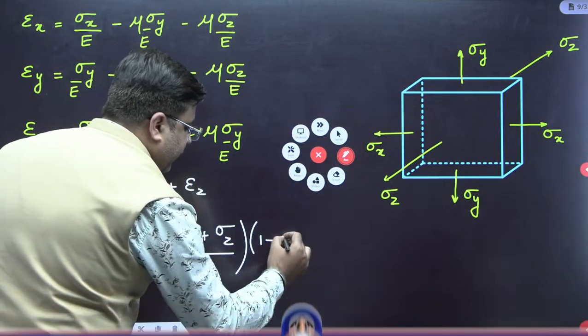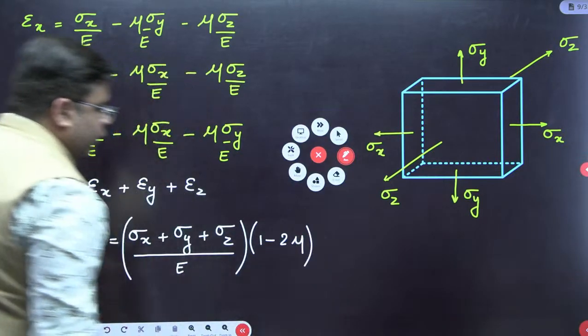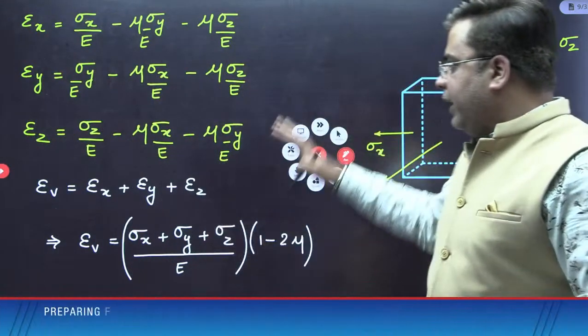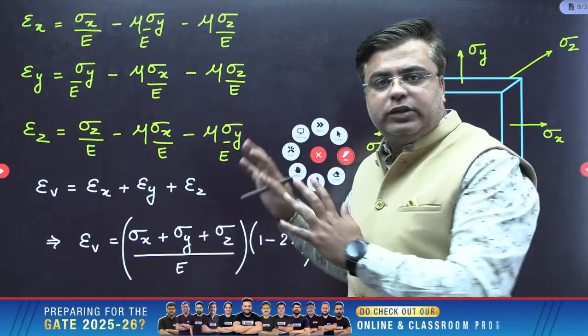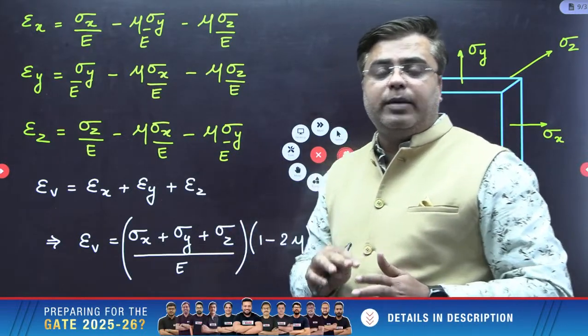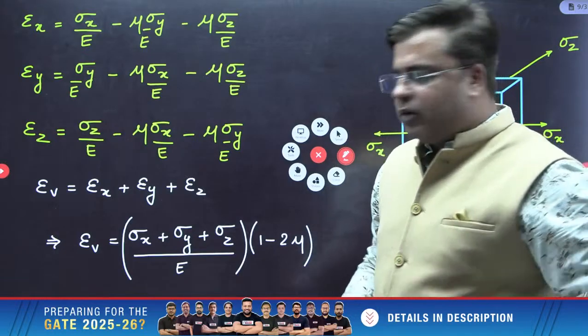This is the value of your volumetric strain for this 3D state of loading, right? So if any state of loading is given to you, using these formulas, you can find out the value of strain and the volumetric strain along any particular direction.